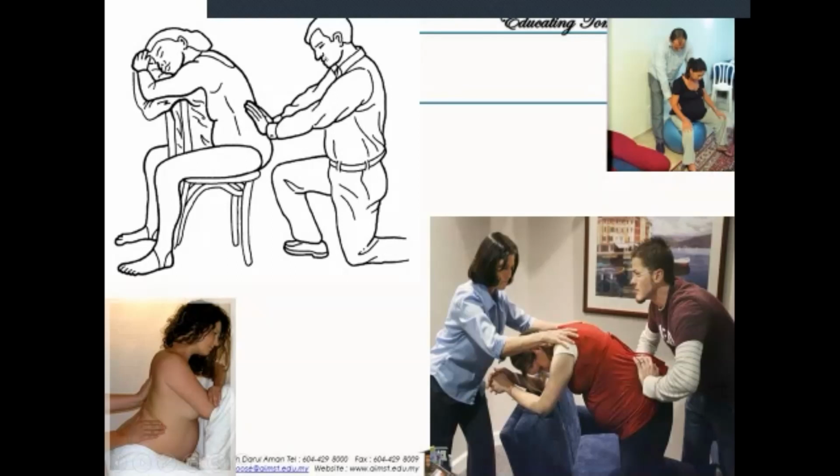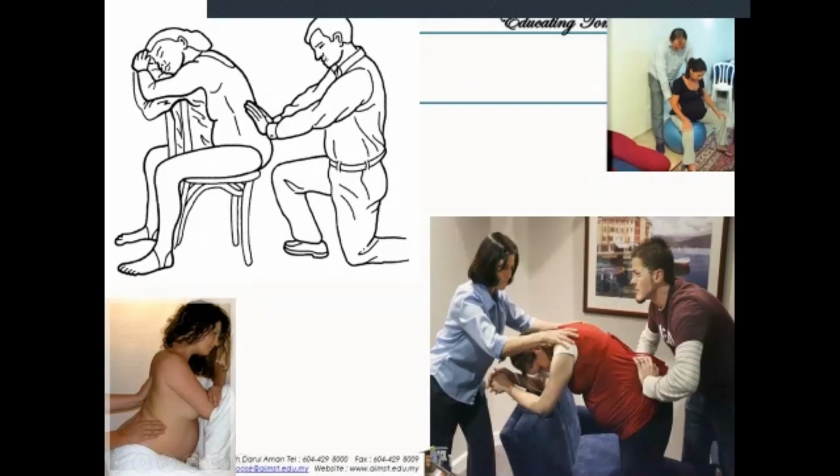Then you can also do massage over the abdomen. This is to relax the abdomen. So this is stroking, lateral stroking, and this is stroking. This lateral stroking and stroking will help you to relax the abdomen and help you to bear down the baby.